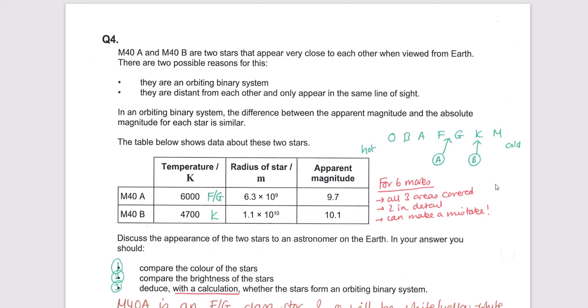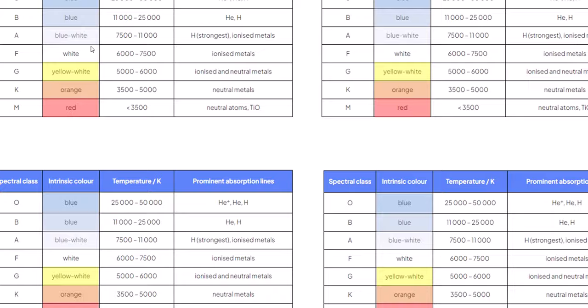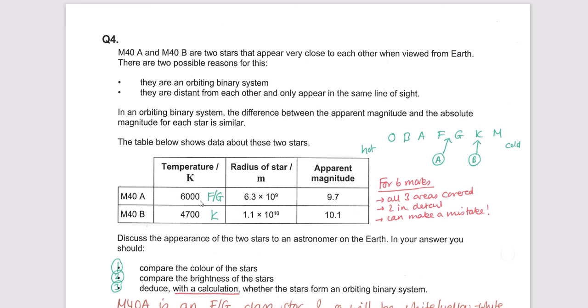So first things first, we are going to compare the colour of the stars, and we do that using, you guessed it, once again, let me just get it back up again, this table. So using this table, we can see that M40A is a class F/G star, and M40B is class K. Now this is the order, remember, O be a fine guy or gal, kiss me, from hot to cold.